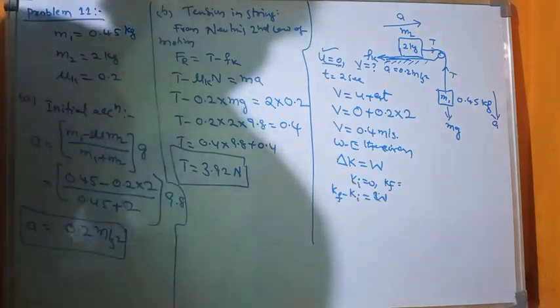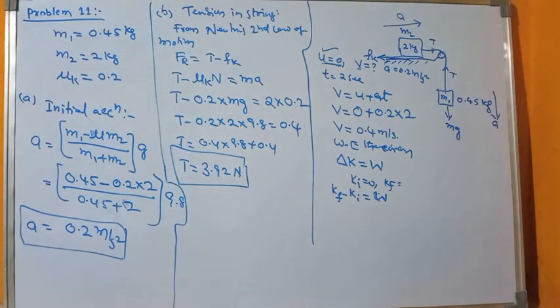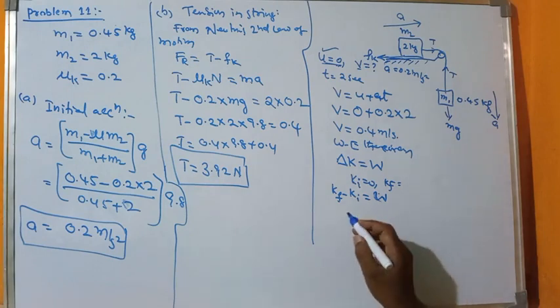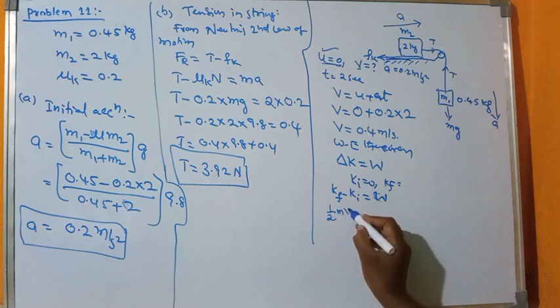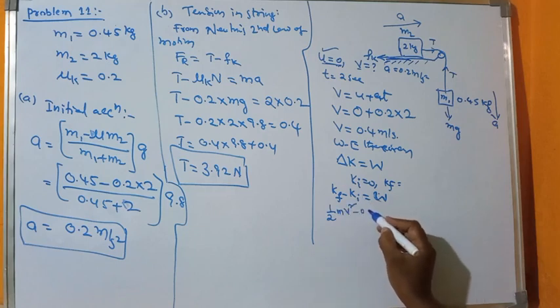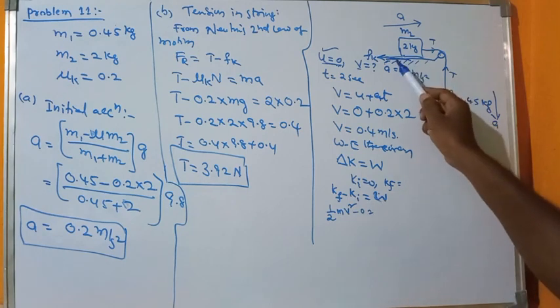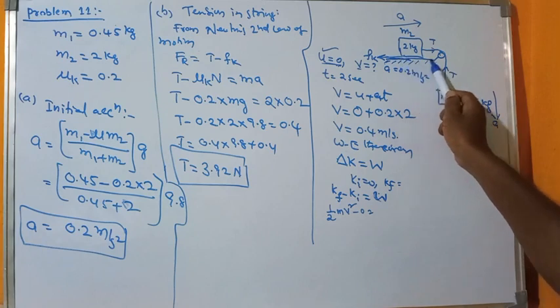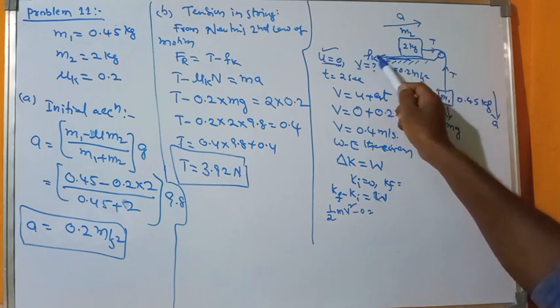Kf minus Ki is equal to W. Then Kf is equal to half m v square, and Ki is 0, equal to W. Here W means, as it is moving in this direction, the work done by the frictional force.